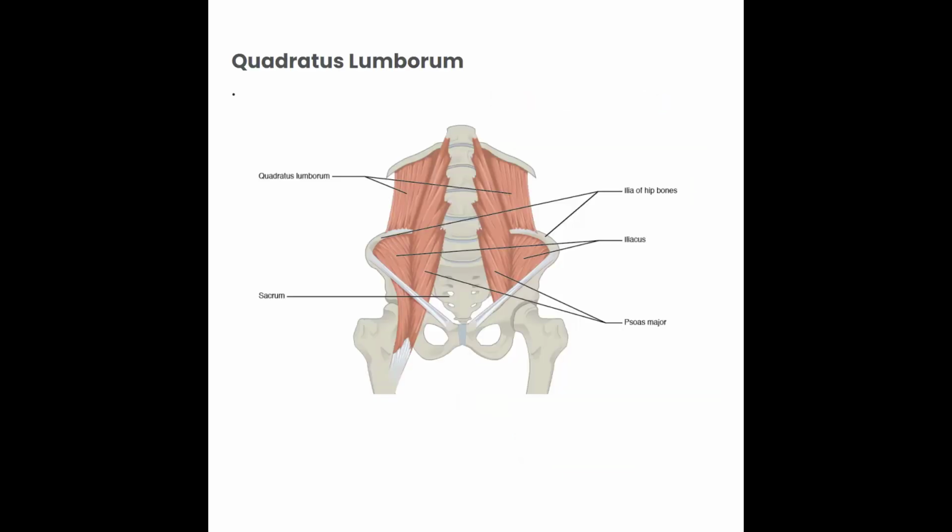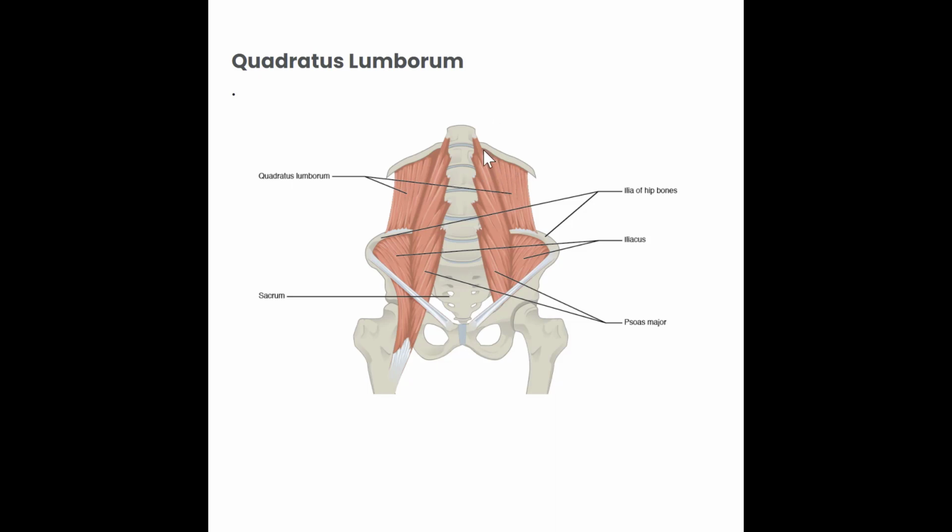Now the posterior abdominal wall muscles are on the back part of our abdomen. Quadratus lumborum is the main posterior abdominal wall muscle, but the psoas muscle also supports the posterior abdomen and the lower limbs. Quadratus lumborum muscle is on the posterior side of the abdomen. It is going to sit deep and lateral to the spine, connecting the iliac crest to the spine and the ribs.